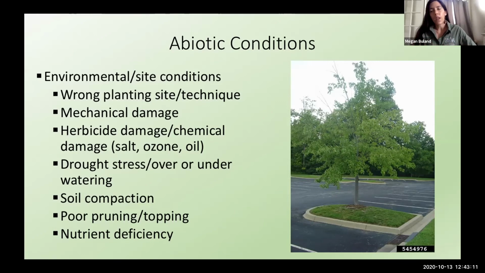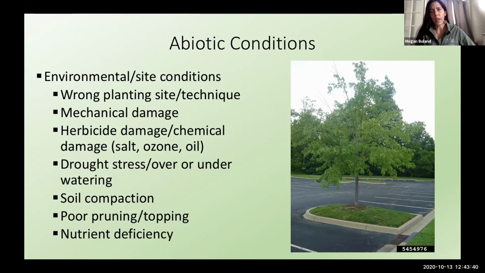Very often we think about insects and diseases as being the culprits that are hurting our landscape trees, but very, very often it's actually these environmental or abiotic factors that are far more likely to create stressful conditions in your trees and actually be the issue that might lead to stress in your trees to begin with. So if we can reduce the impact of abiotic stressors, we improve the health of trees overall.